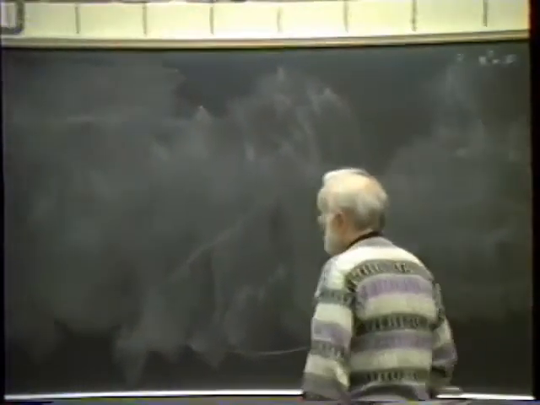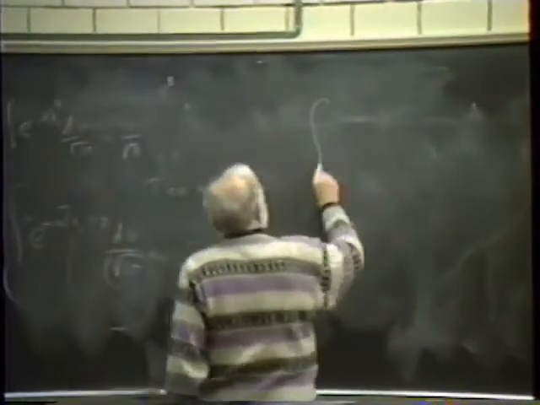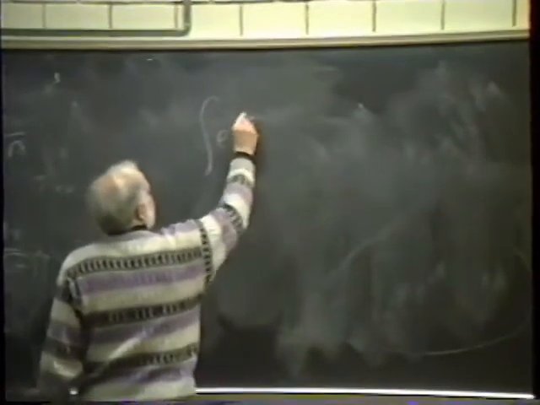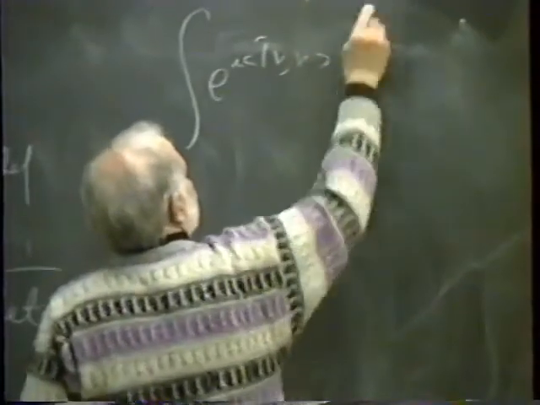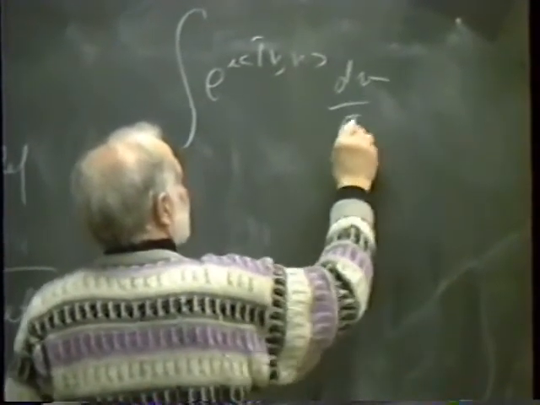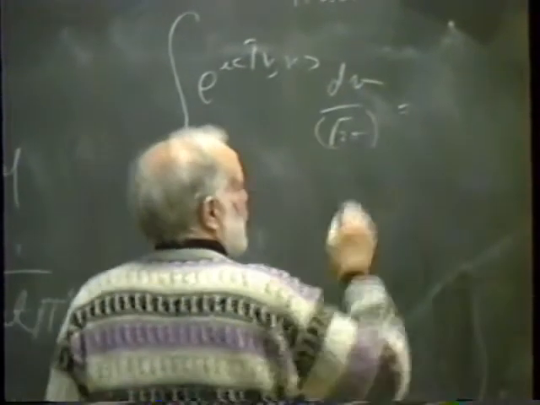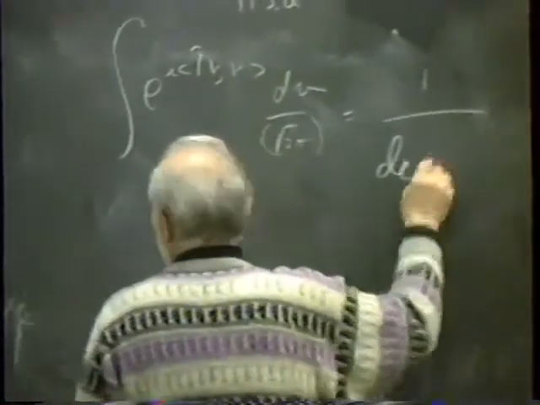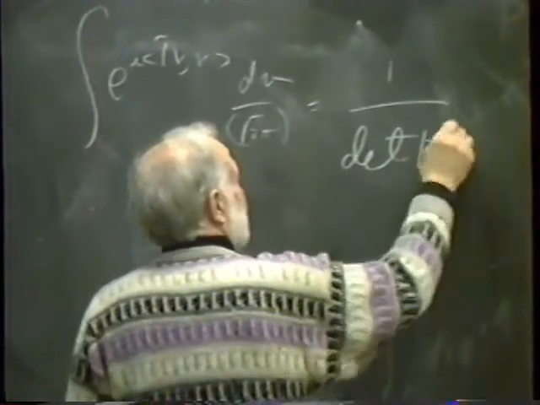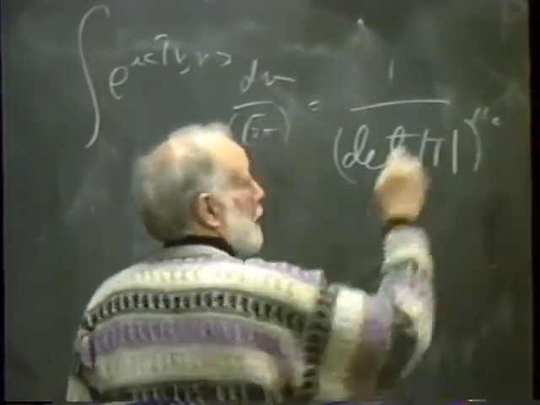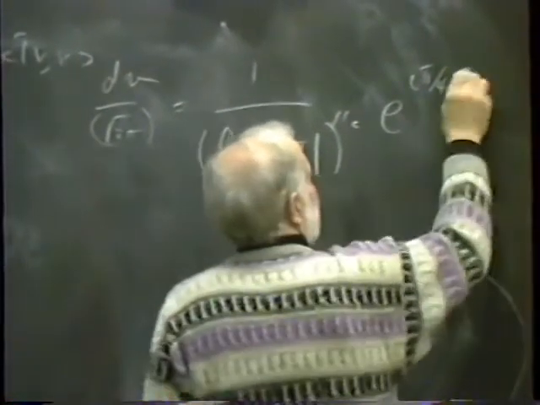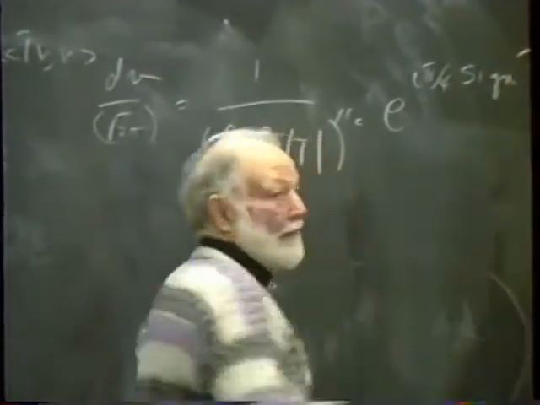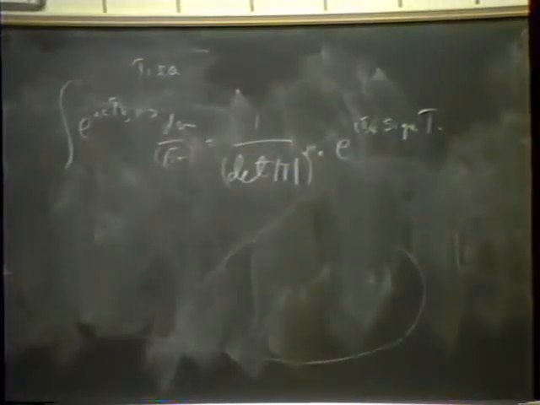So we find out that the integral of e to the I tvv, where t is now just self-adjoint, dv over the square root of 2 pi to the right order, is equal to 1 over the determinant of the absolute value of t to the 1/2 power, and here, e to the I pi over 4 times the signature of t, if you take into account the sign, plus and minuses.